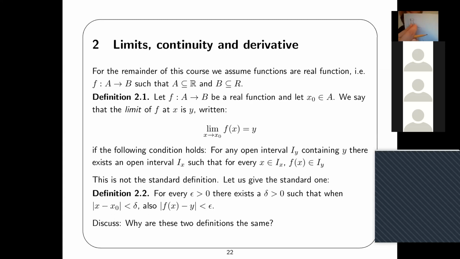We can always find a region here between these, such that if we just stick to that region, then the values will never vary more than this much around that point.